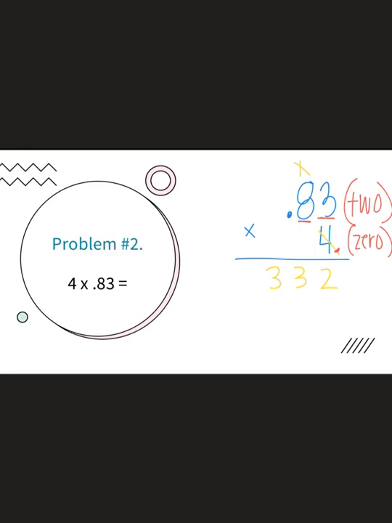And 2 plus 0 is 2, which means in my final answer I need to move my decimal point in 2 spaces. 1, 2. So my final answer would be 3.32, or 3 and 32 hundredths.